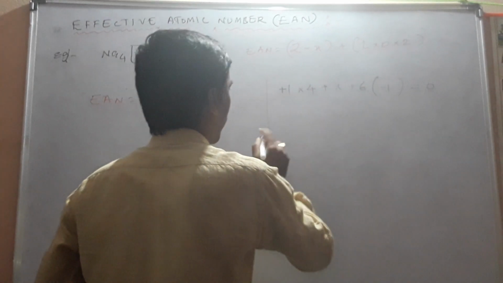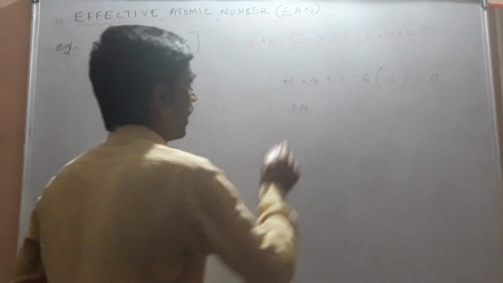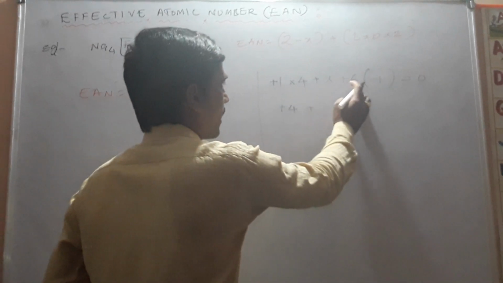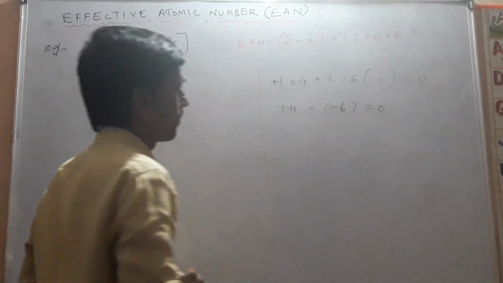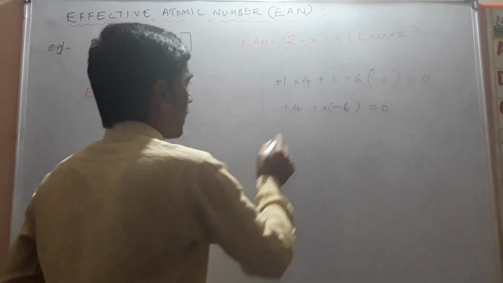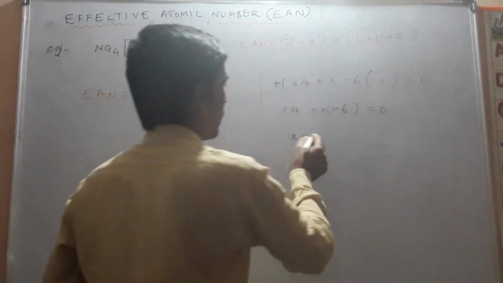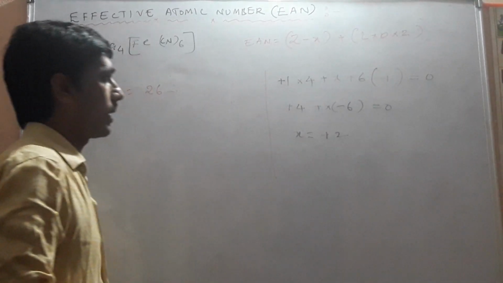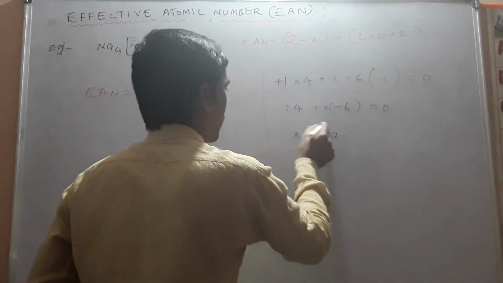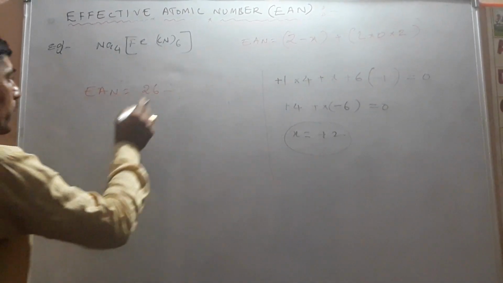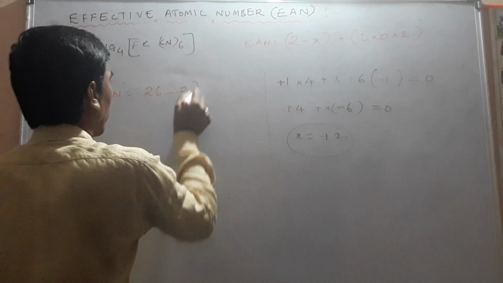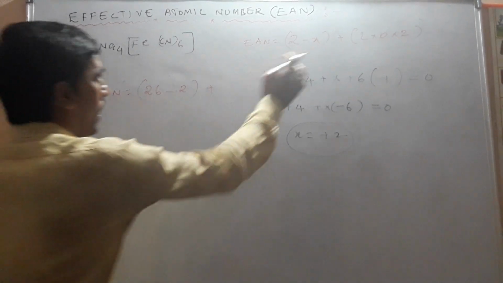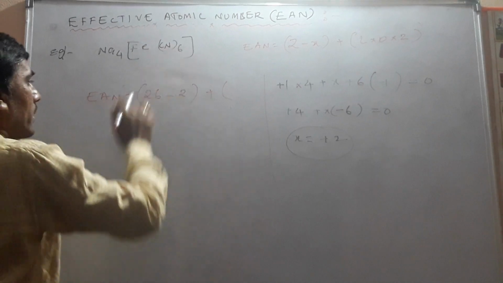Next, +1 into 4 means +4. Plus X, plus 6 into -1 means -6, is equal to 0. That is X is equal to +2. Next, the oxidation number of the iron atom is 2. That is 26 minus 2, plus the number of ligands, 6 ligands are there.